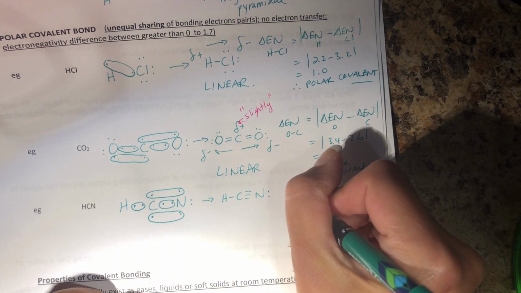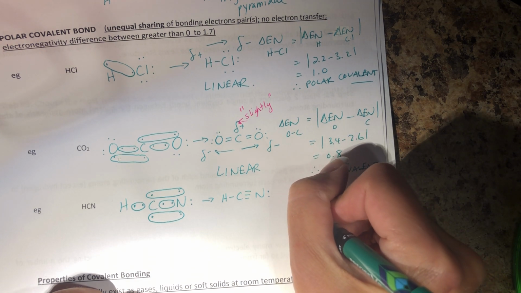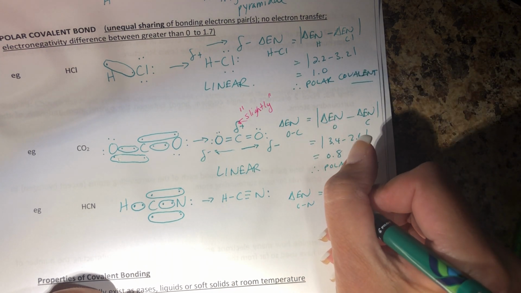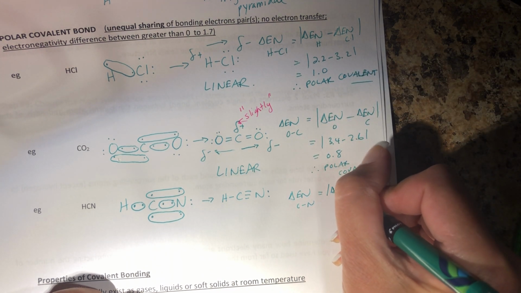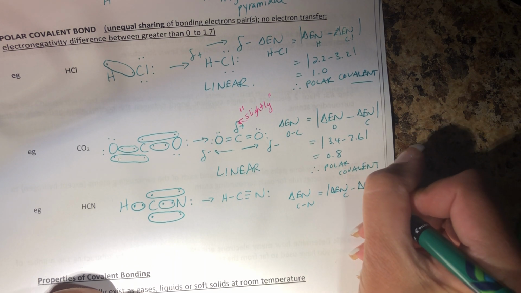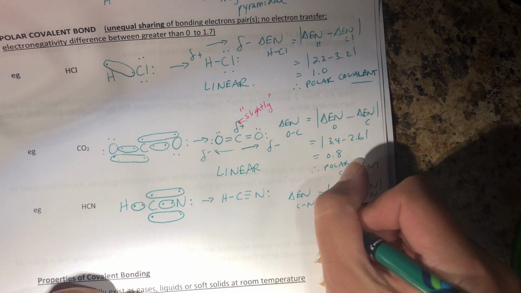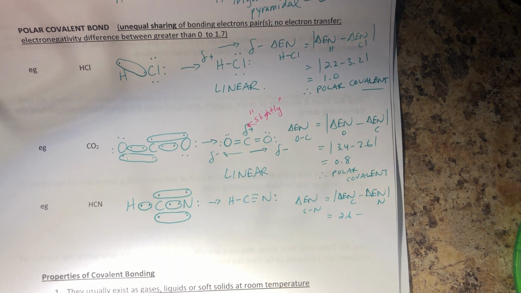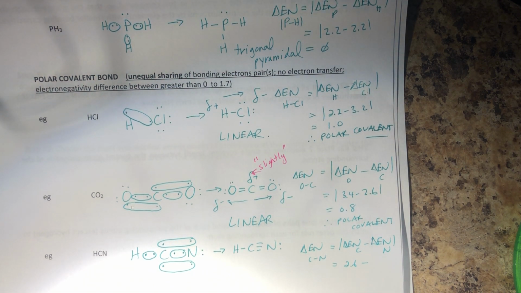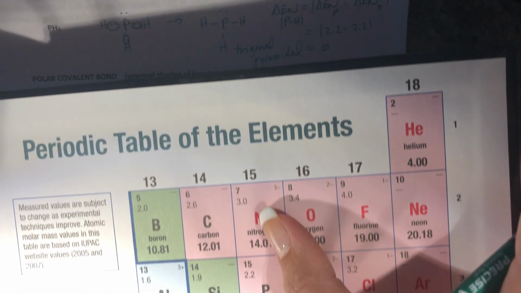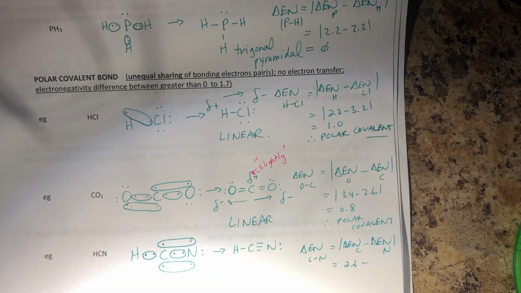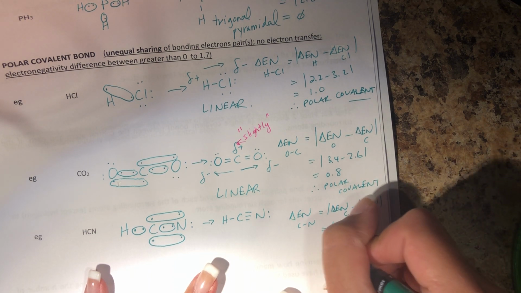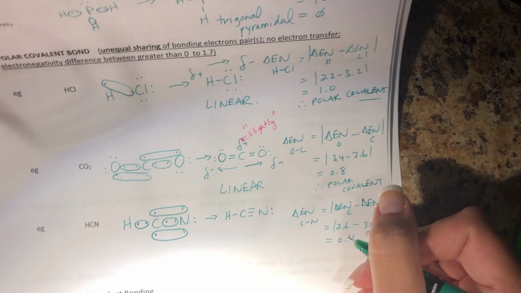So in this case, we're going to calculate the delta EN of this bond and this bond because there's 2 different types of bonds here. Carbon and nitrogen. So do I have a carbon here? Yep. Carbon is 2.6. Carbon, delta EN of nitrogen. So 2.6 minus, I don't think I had nitrogen yet, so I have to go look nitrogen up. Nitrogen is 3.0. So that's equal to 0.4. So that's polar.